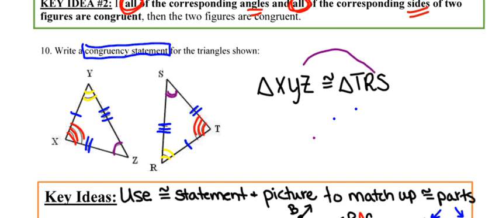T and S were my purple fellas, Y and R were the yellows, and X and T correspond and match up. They're congruent as well.